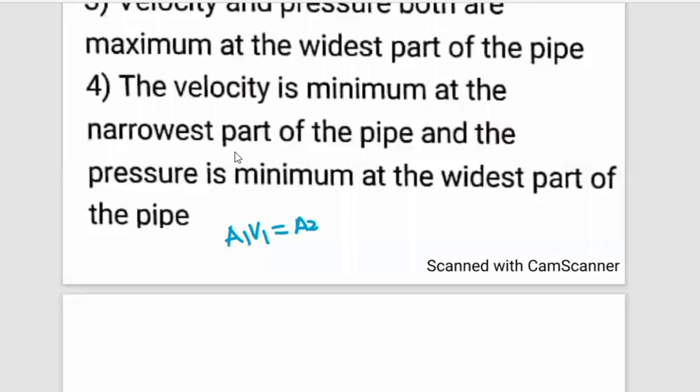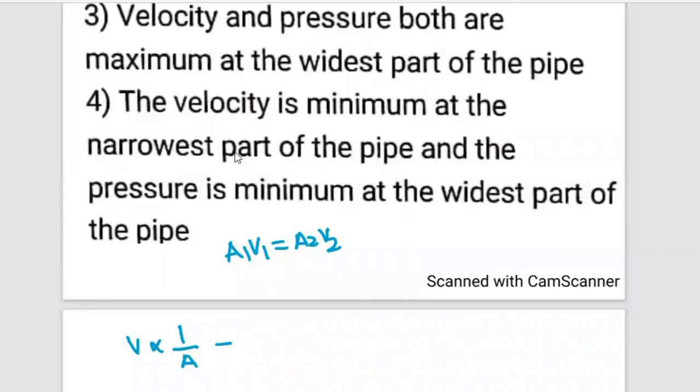So A1 V1 is equal to A2 V2. Velocity is maximum at the narrow part. So V is inversely proportional to A, where V is velocity and A is area.